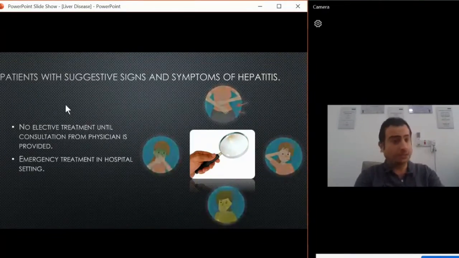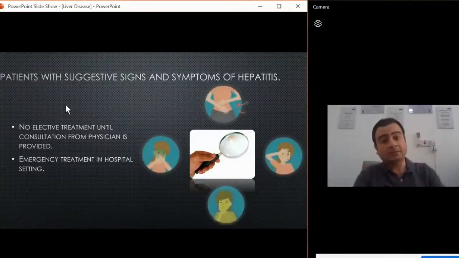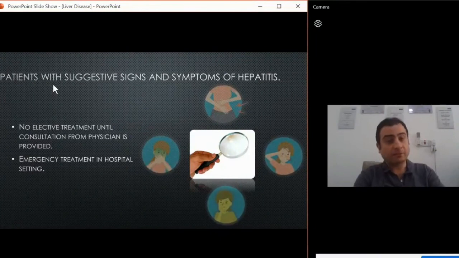If we suspect any patient having hepatitis or they demonstrate those features which suggest that they might have hepatitis, we need to refer them to their physician for examination, and maybe he will send them for investigation, and then we get an answer from the physician whether or not those patients can have the dental treatment.